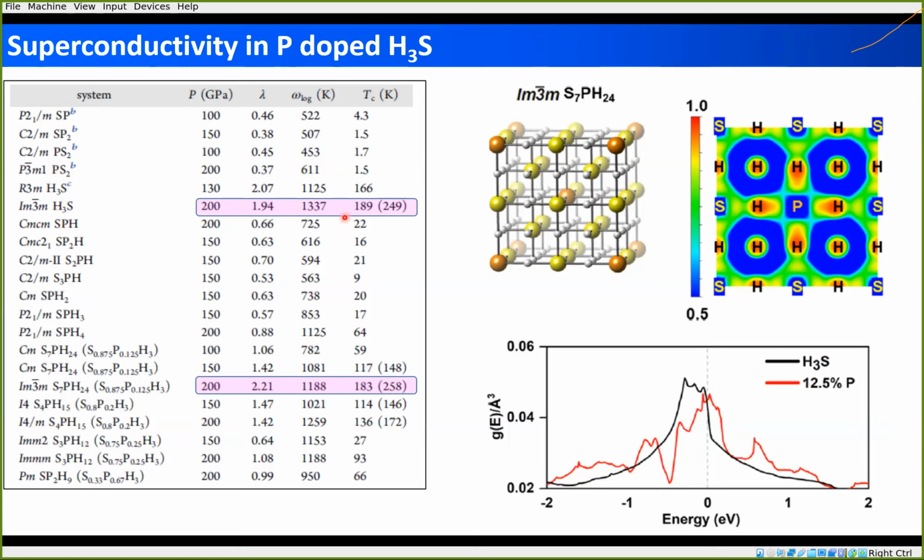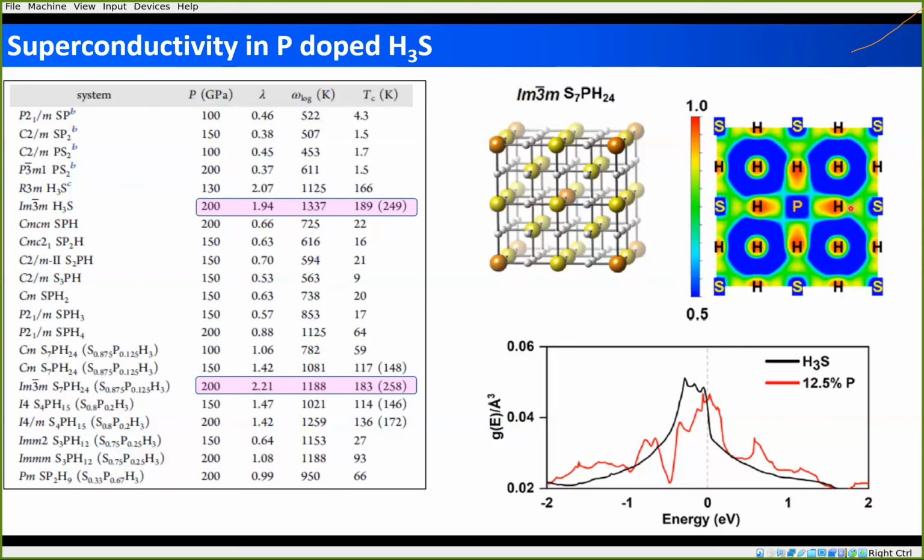We can see that already adding just a single hydrogen to some of these systems boosts the TC by an order of magnitude. And the highest TC systems that we find, however, are based on these cage-like systems, where a phosphorus atom has replaced one of the sulfurs within this cage.